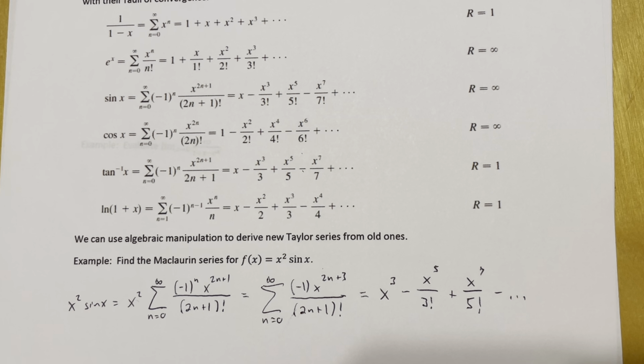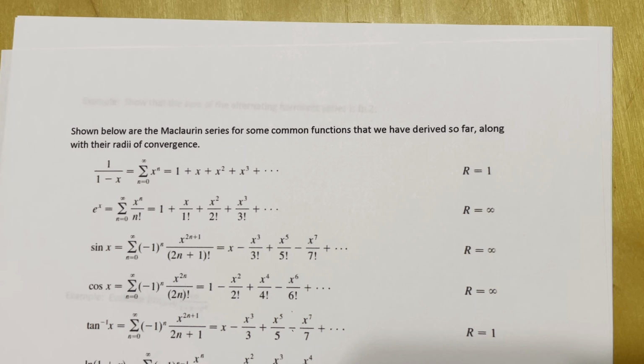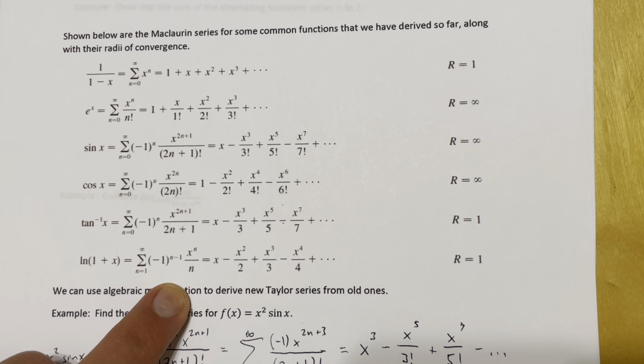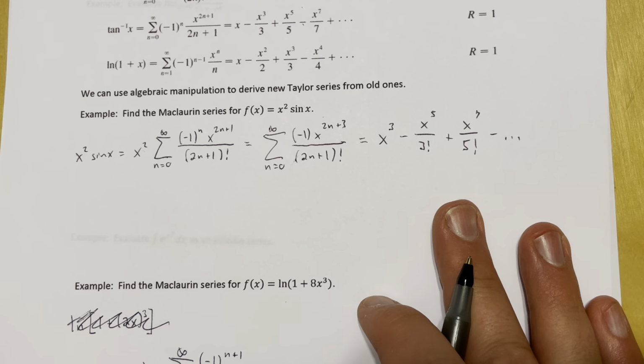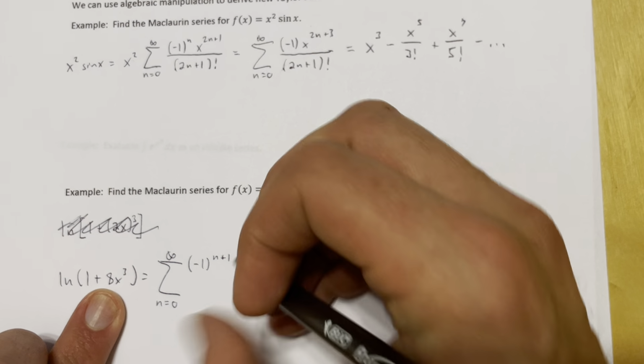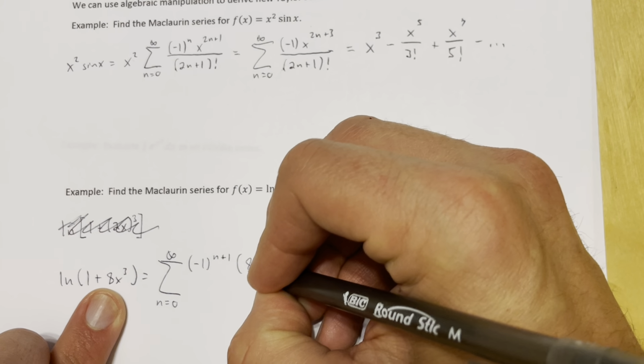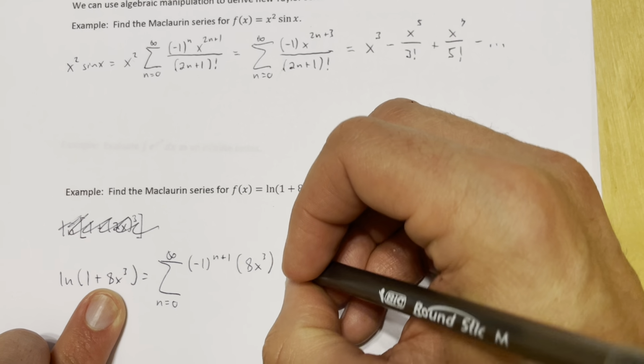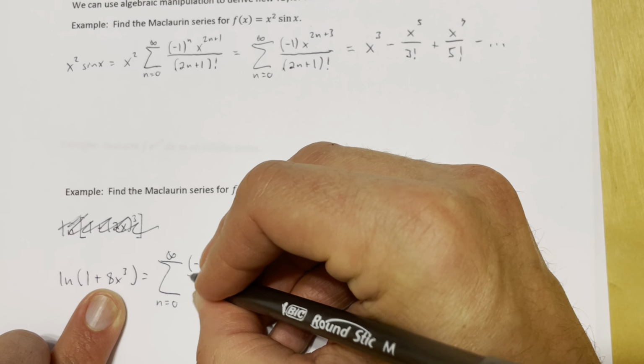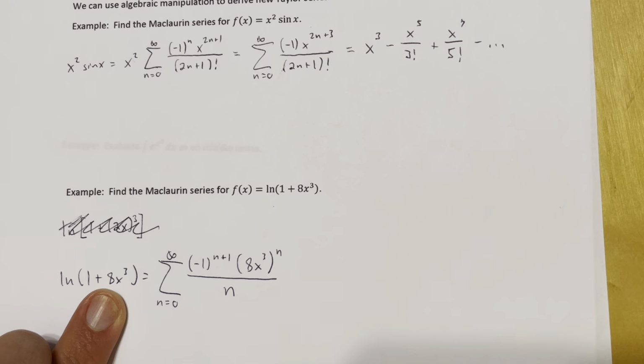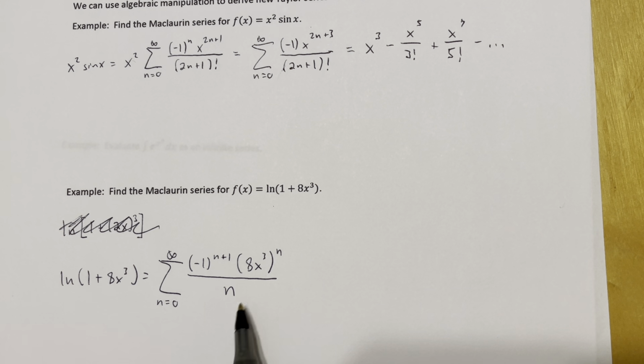I'm going to say n plus 1 just because I like that a little bit more, times, normally it's x to the n over n, but I'm replacing that x with an 8x cubed: 8x cubed to the power of n over n. Okay, I'm not even going to bother writing out a few terms for that. This is going to be sufficient.